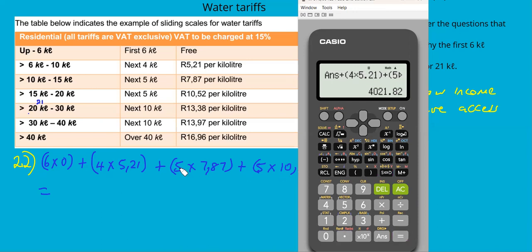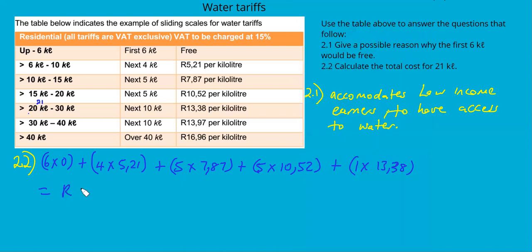This is what you get, 4,021,82. So this is the amount that will be paid for 21 kiloliters. Okay, that's how we get to the answer.